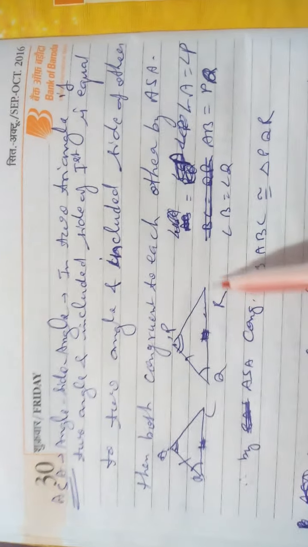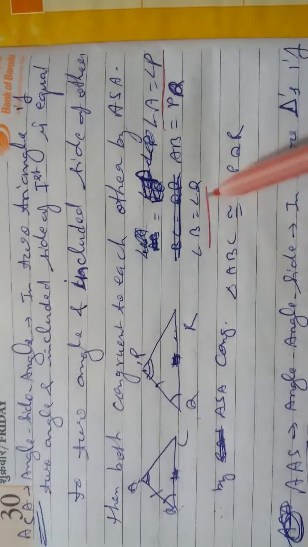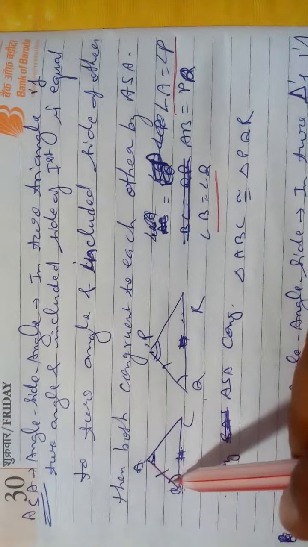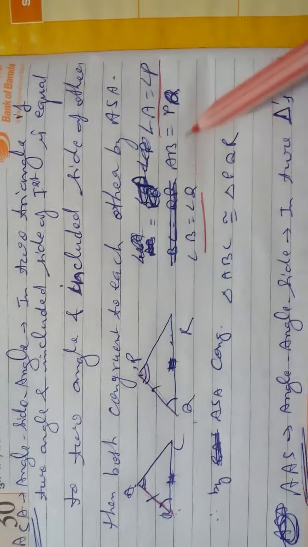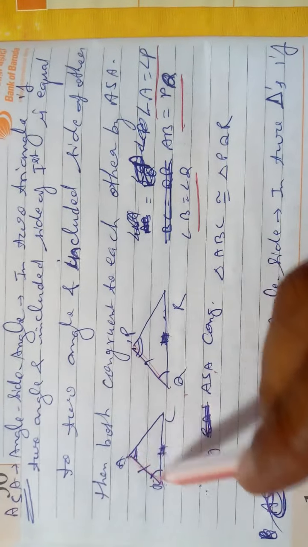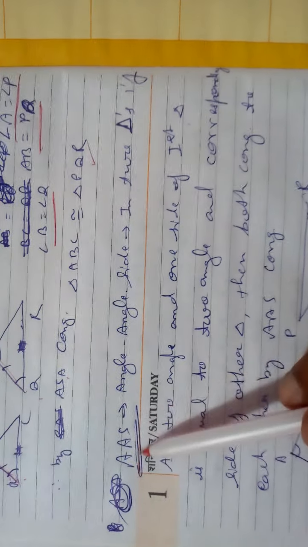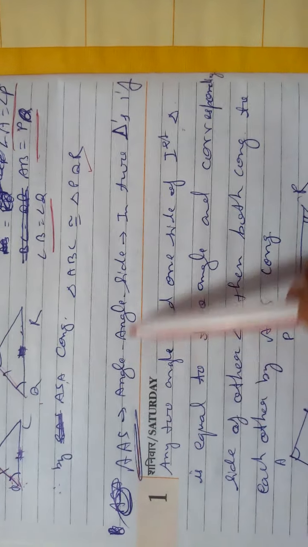In ABC and PQR, angle A equals angle P, angle B equals angle Q, and the included side AB equals PQ. So it is congruent by ASA.